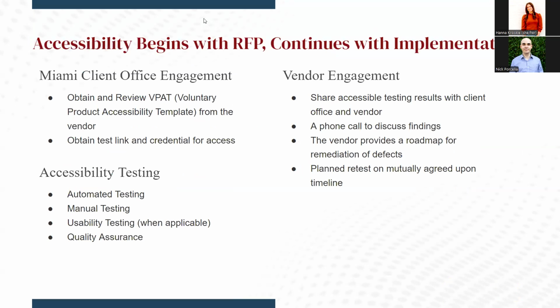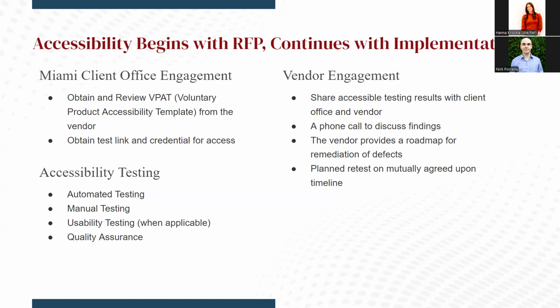So the accessibility process at Miami University begins with an RFP and continues through implementation. So the Miami Client Office engagement is really focused on obtaining and reviewing the VPAT, or voluntary product accessibility template, from the vendor of the specific product, and then obtaining a test link and credential for access.